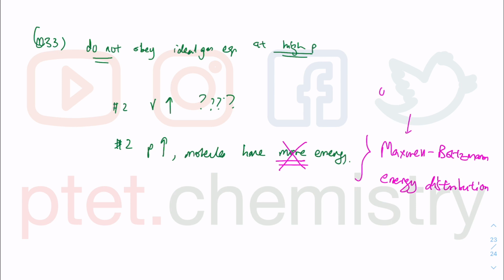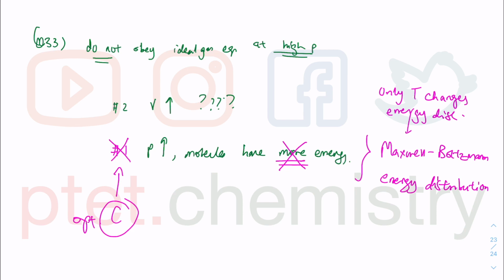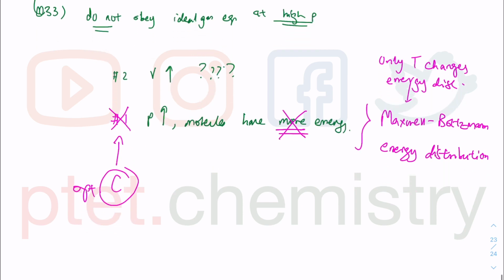So only temperature changes energy distribution. Nothing else ever changes energy distribution at all. So when they say pressure increase, molecules having more energy, it is entirely wrong. So option 1 is definitely wrong. If option 1 is wrong, you only have one answer, which is option C, 2 and 3, without me even checking the other options at all.